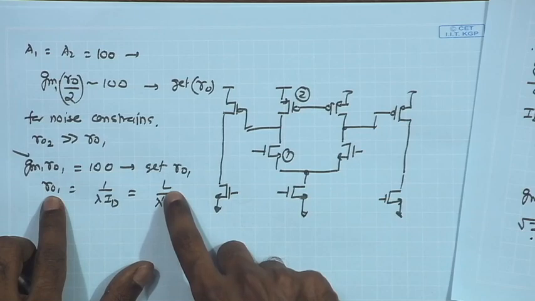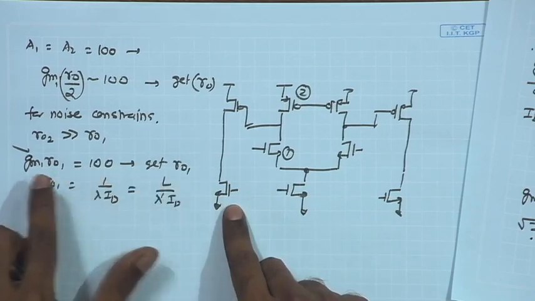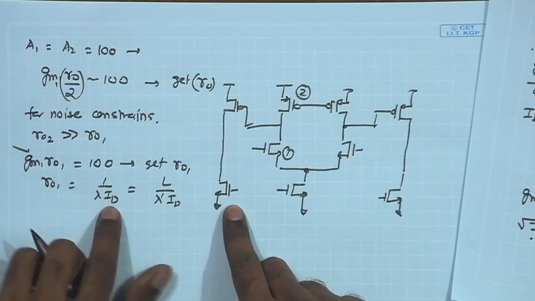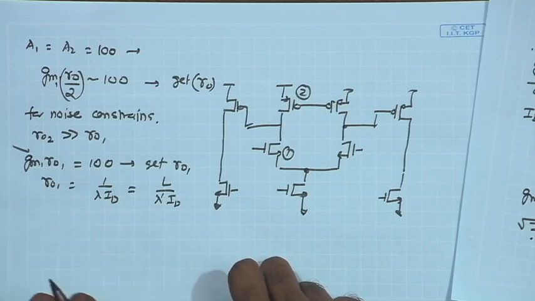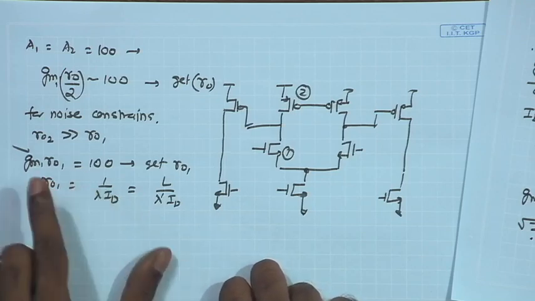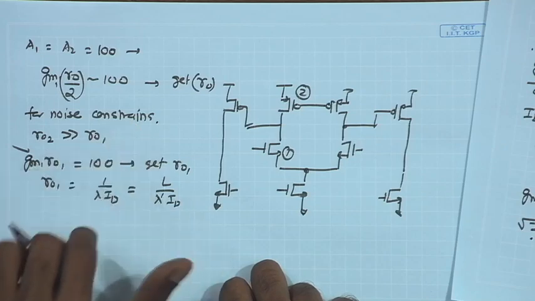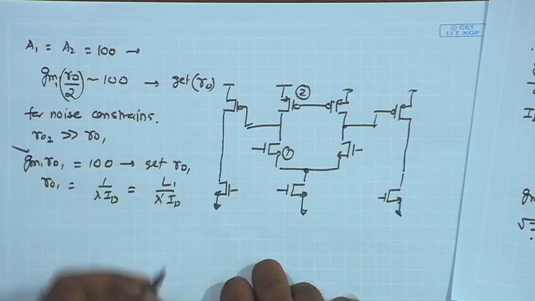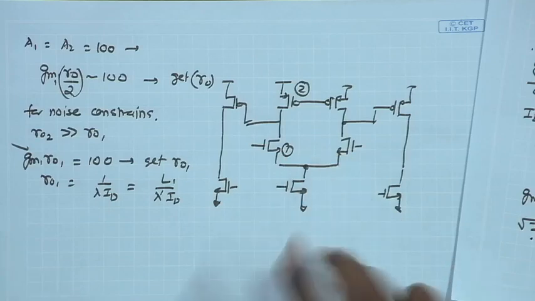Therefore, the L over here can be estimated based on the value of ID and the RO that we have. So, ID we have already got from the power budget, and RO1 came from the gain requirement, and hence I can get L1, the input device channel length, from this constraint.